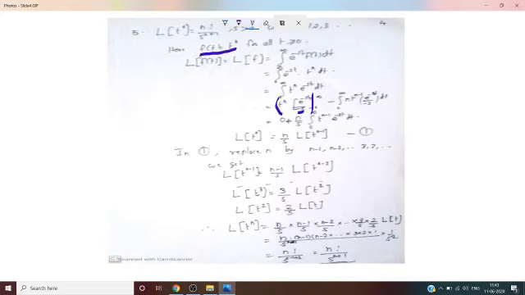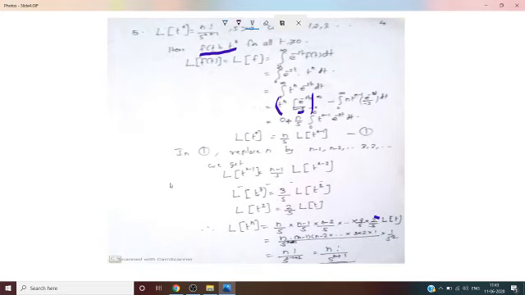The rest is s raised to n minus 1 into 1 by s square, that is n factorial divided by s raised to n minus 1 plus 2, that is n factorial divided by s raised to n plus 1.